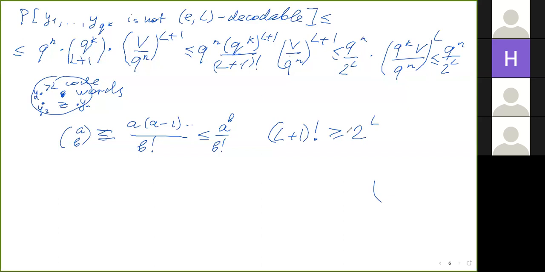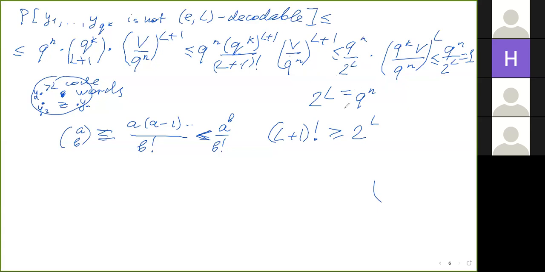Which one here is strict? I guess this one is strict. Okay. So at least one of them is strict. And so if we choose 2 to the L equal to q to the n, we will obtain 1 as a strict upper bound.